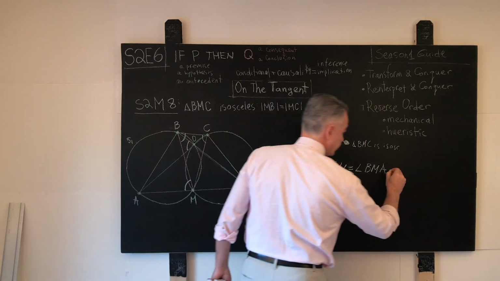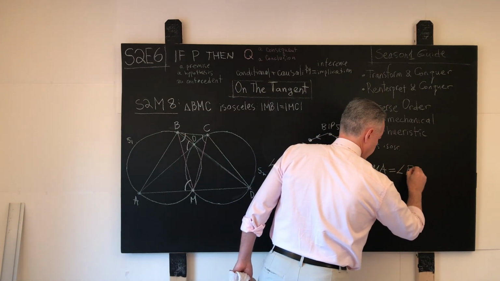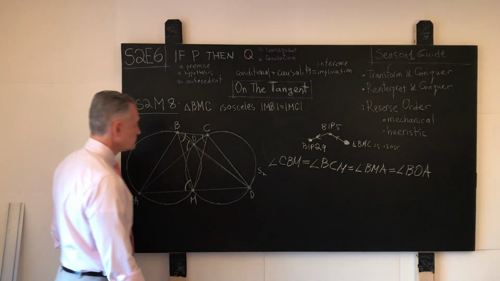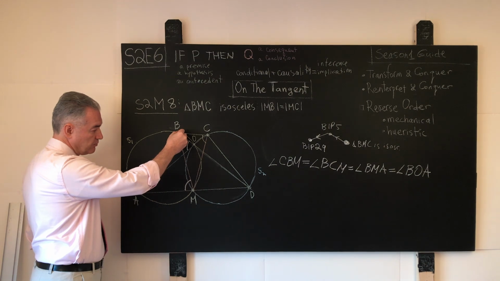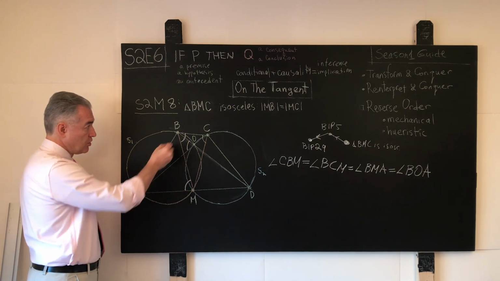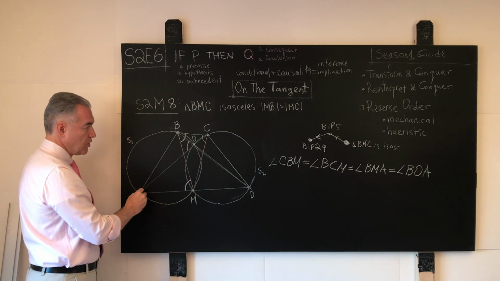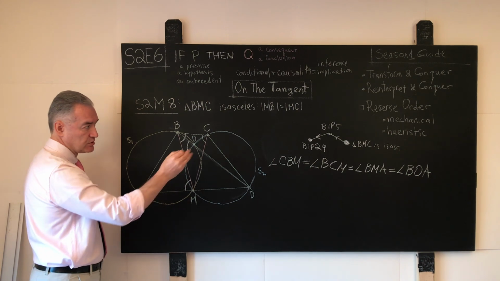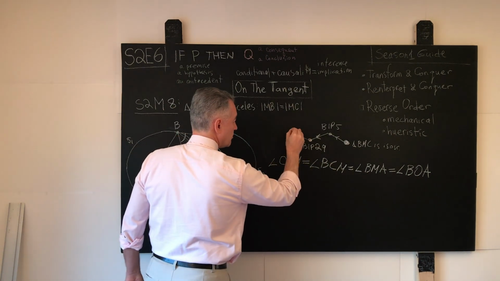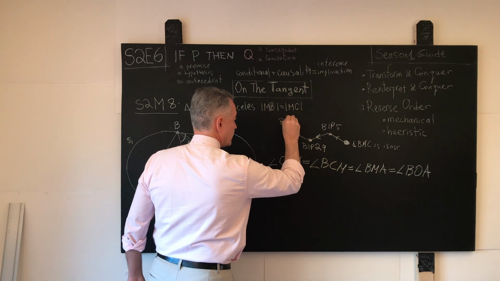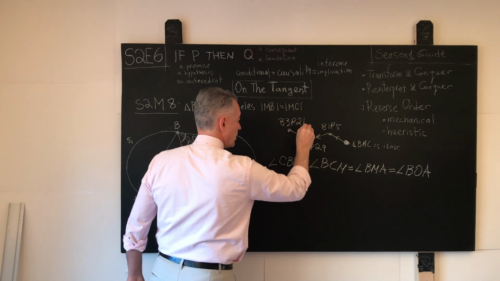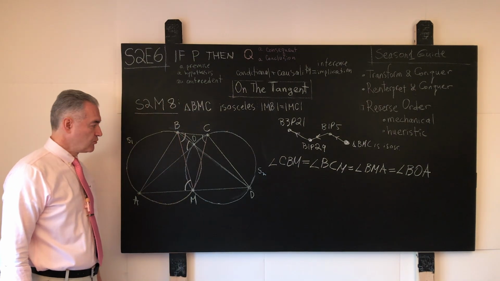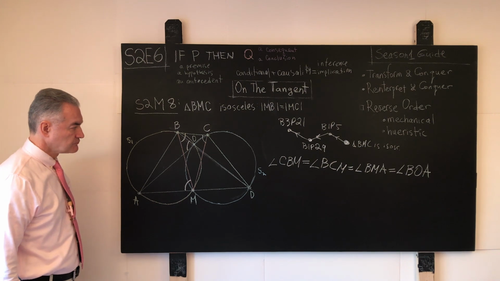So here we write it down, equals the magnitude of the angle BOA. Again, the angle BMA subtends the arc BA, which is the same arc that is subtended by the angle BOA, and by Euclid's Book 3, Proposition 21, the magnitudes of these angles must be equal to one another.